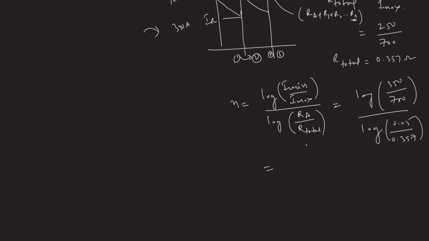Number of sections cannot be 0.35. It will be greater than 1. Greater than 1 means it can't be in fractions. Do it once again.